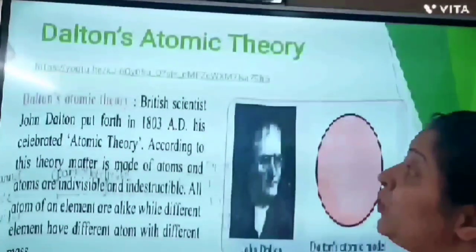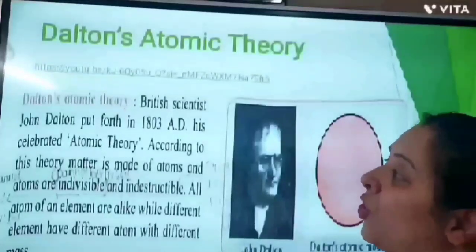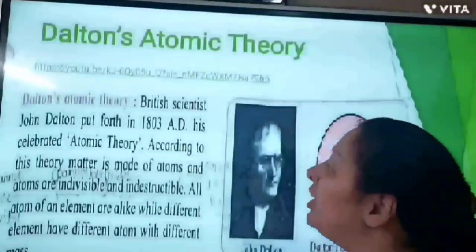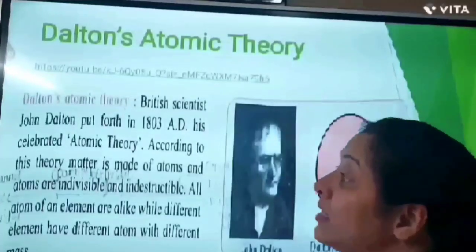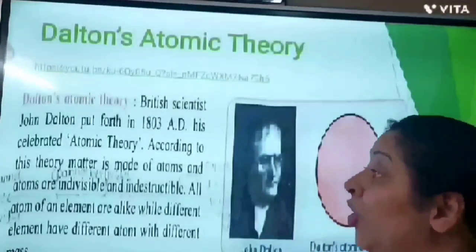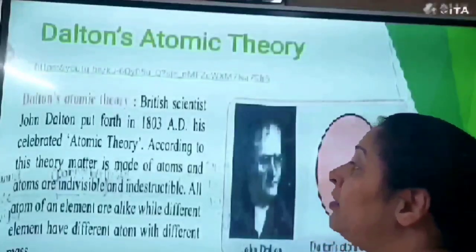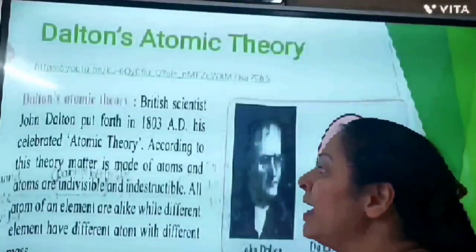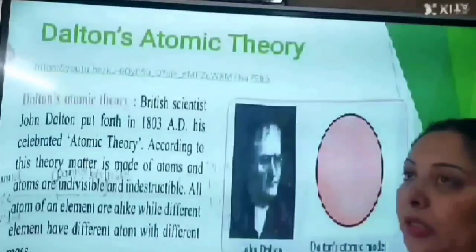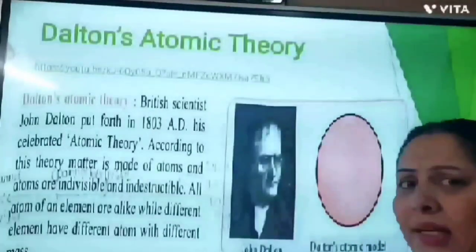So, Dalton's atomic theory. British scientist John Dalton put forth in 1803 AD his celebrated atomic theory. According to this theory, matter is made up of atoms and atoms are indivisible and indestructible.